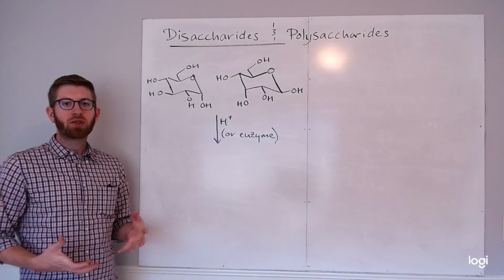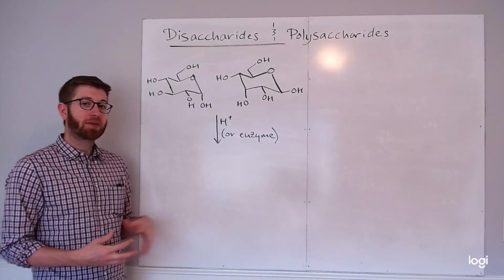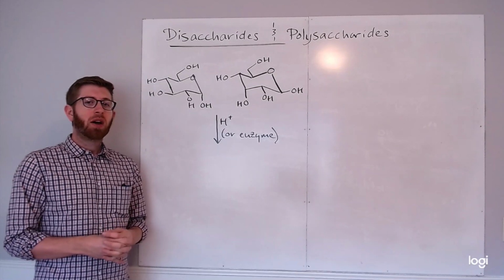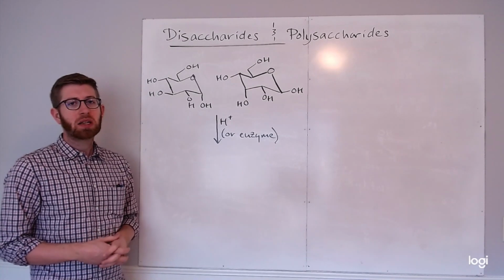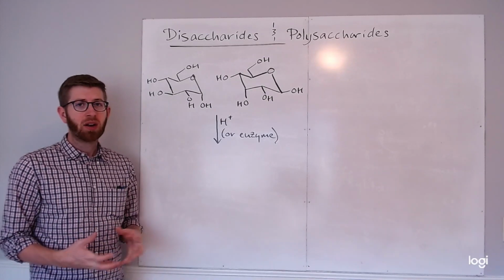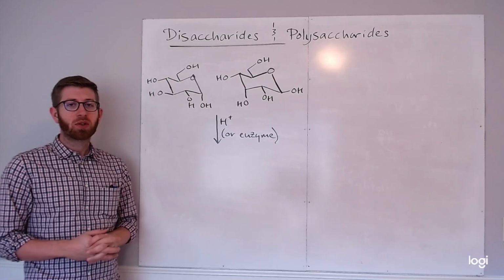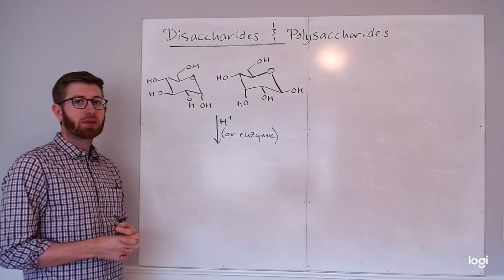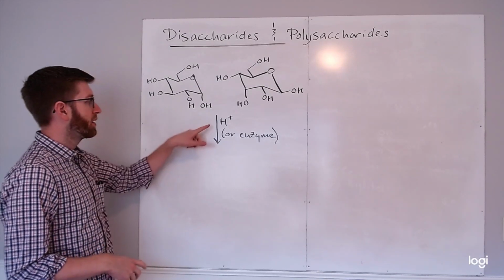So obviously these structures are very hard to draw, and my board is very small, so we're going to look primarily at the formation of disaccharides. And the reason I think we can get away with that is that the formation of polysaccharides happens in the same manner as the formation of a disaccharide, so the chain just gets longer. To get started, we'll notice that usually these reactions happen under acidic conditions.